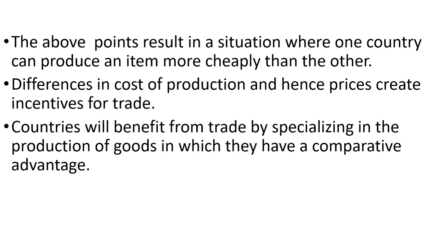That is what brings about trade, because trade is all about buying goods from a low price market and selling them in a high price market in order to make profit. These differences in cost of production, and for that matter the price of the commodities, are a result of resource endowment. Those that are abundantly endowed tend to produce at a lower cost.